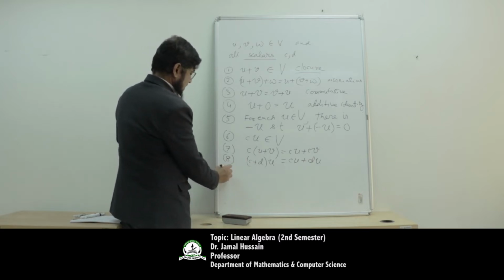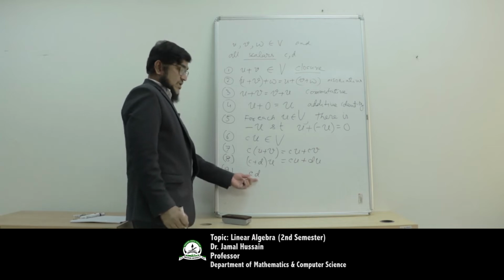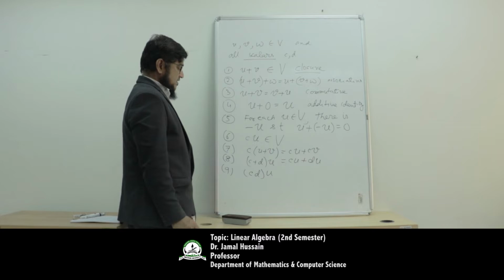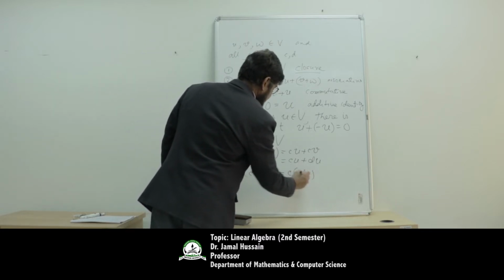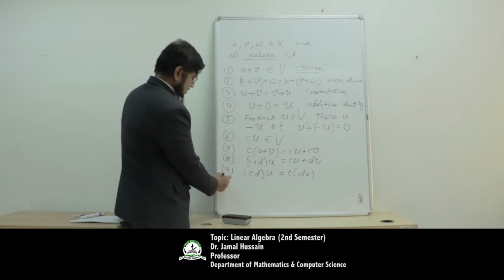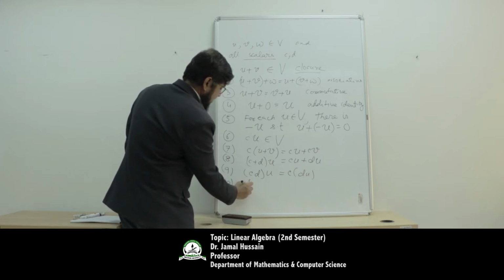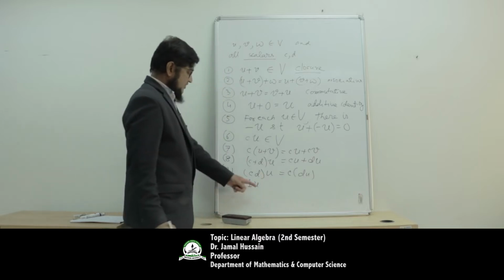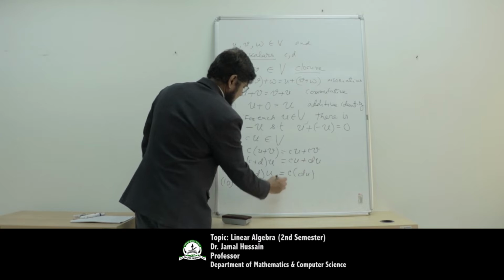And number 9, if we multiply the scalars cd and then a vector u, this is the same as c(du). And finally, number 10 is the multiplicative identity: if I multiply any vector by it, there is no effect on u, it remains the same.